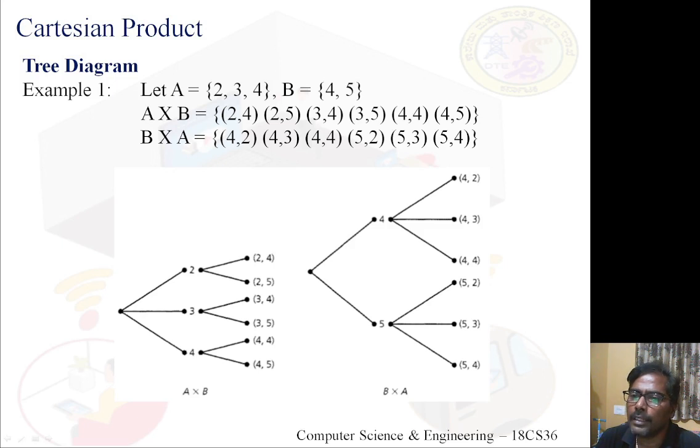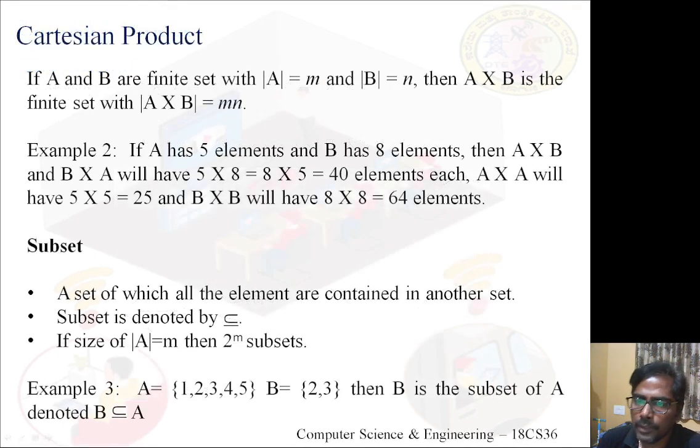Similarly, in B cross A, there are 6 ordered pairs. So size of A cross B is 3 into 2 equals 6, and size of B cross A is 2 into 3 equals 6. Got it?